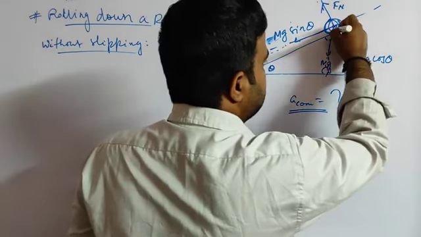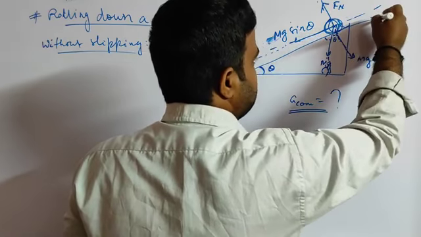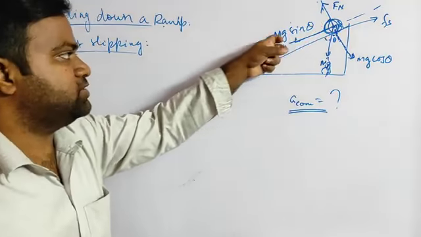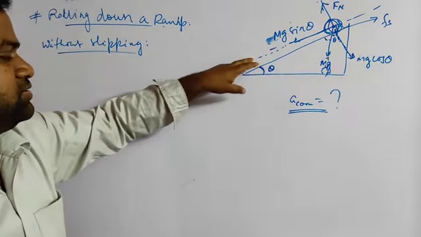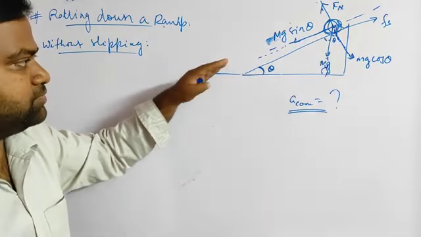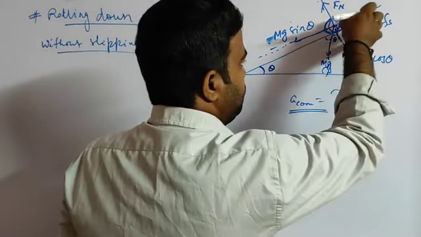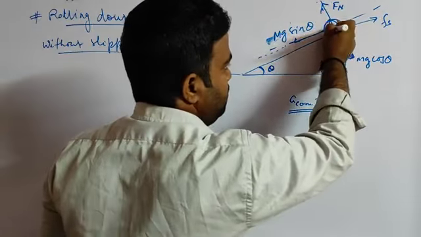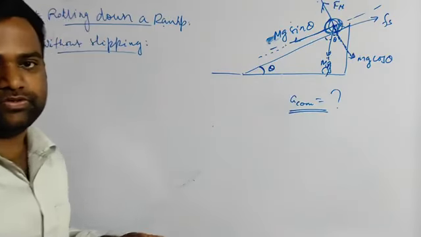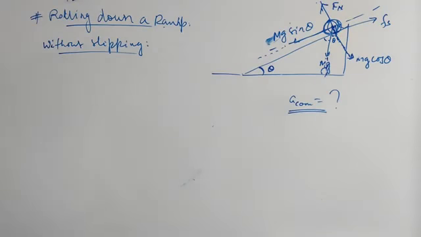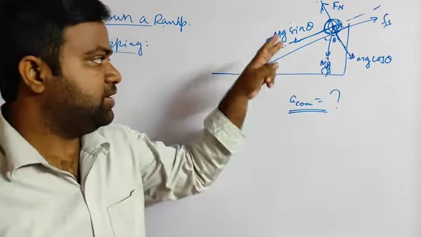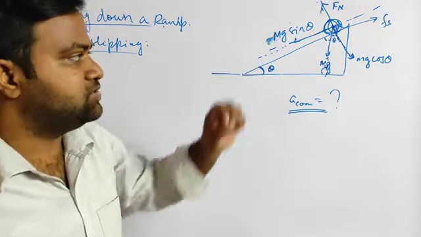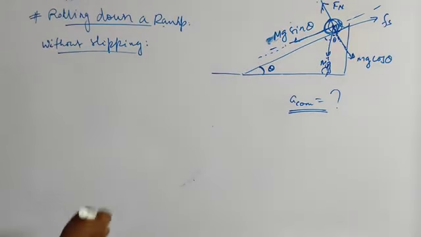So there will be a frictional force Fs in the opposite direction, right? The center of mass moves in the downward direction, and due to this friction the object is rotating, so it will have a rotational effect also. So the linear and rotational effects are working combined in this case.